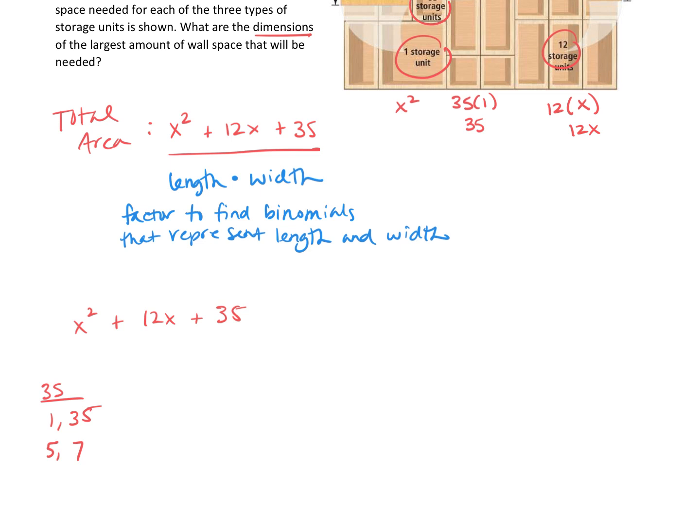We're looking for a pair that adds up to our B value of 12, and we've got this 5 and 7. 5 times 7 is 35, and 5 plus 7 is 12. So the binomial factors will be X plus 5 times X plus 7. So each binomial is representing a length and a width.